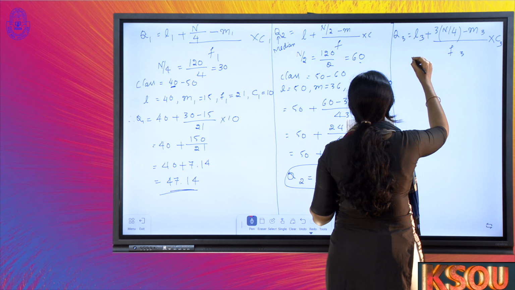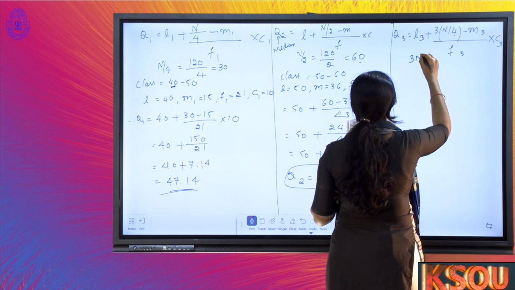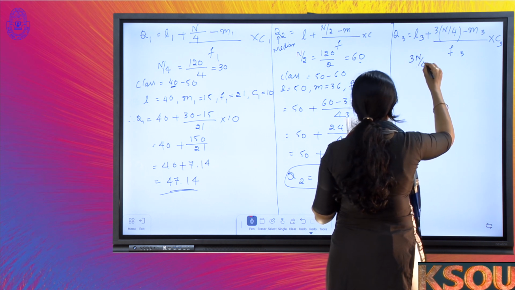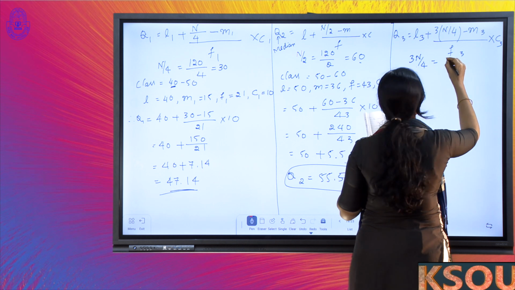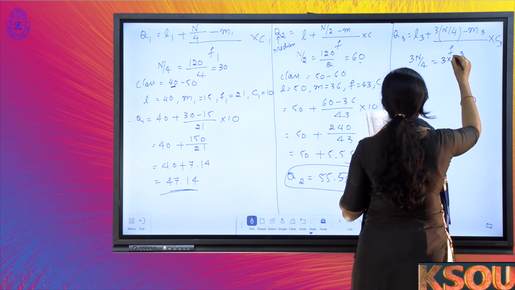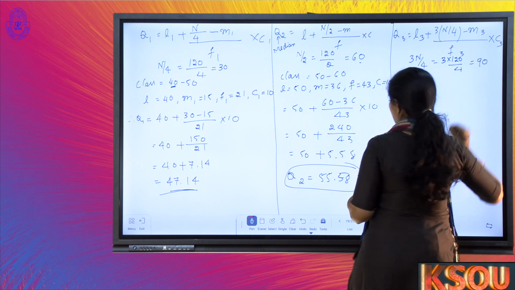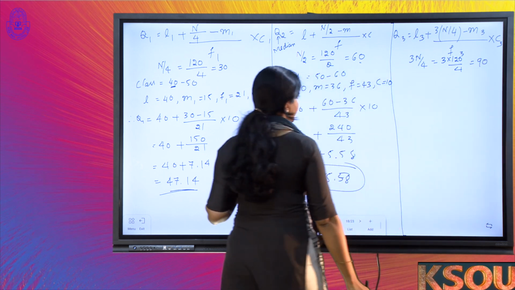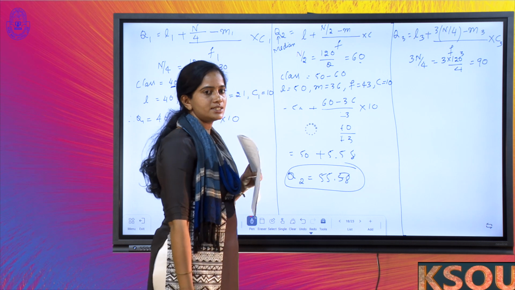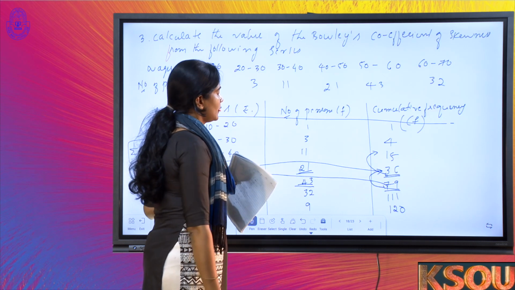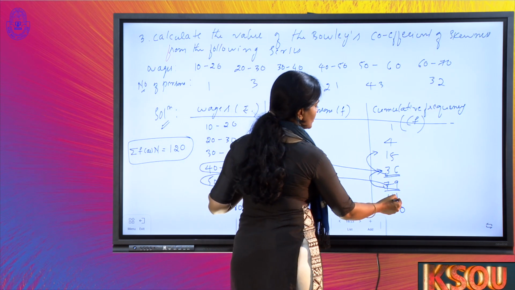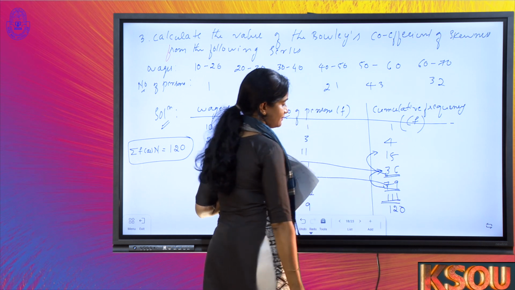Similarly, we will go with Q3. In order to calculate Q3, we must know the 3n by 4 value, that is 3 into 120 by 4, that is 90. So, in the cumulative frequency, you will have to take just greater than 90. Just greater than 90 is 111.